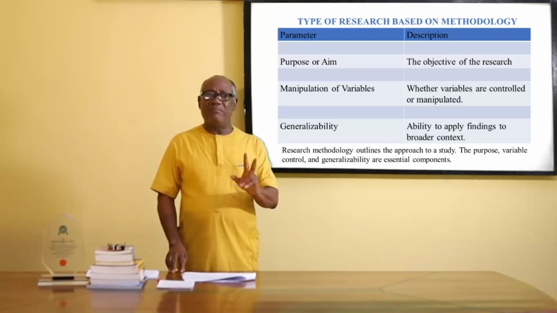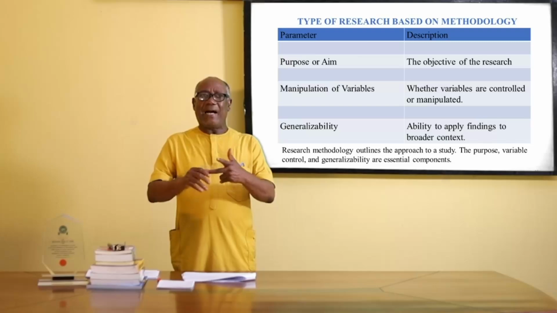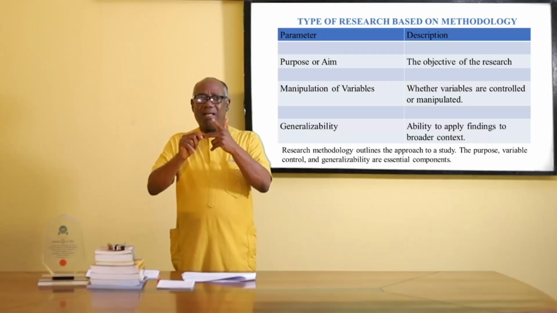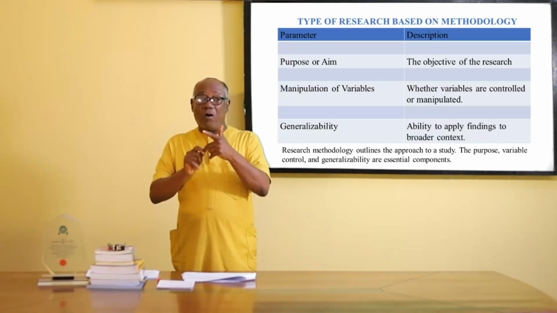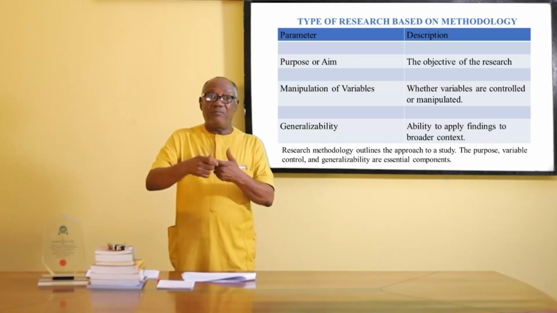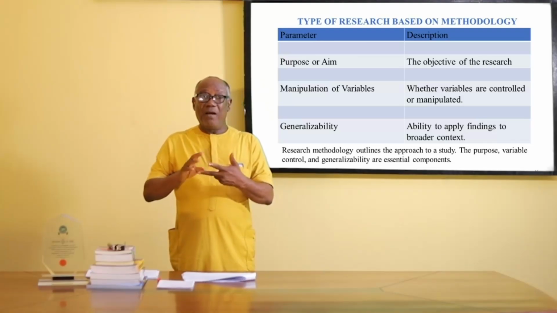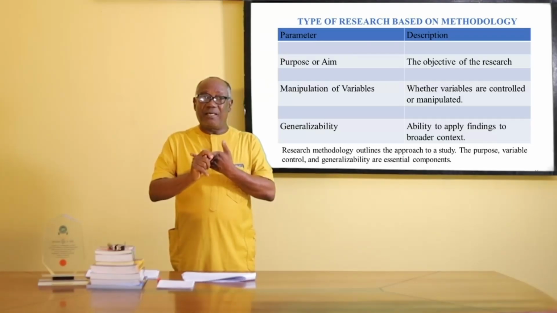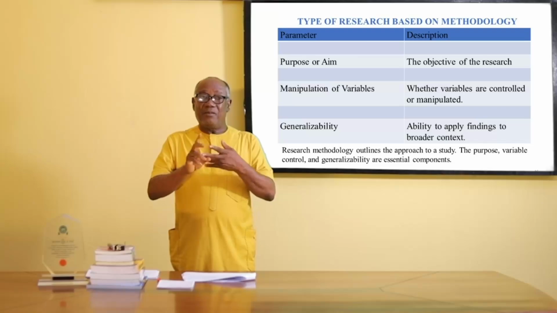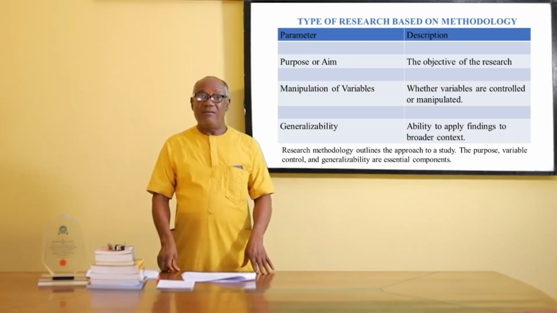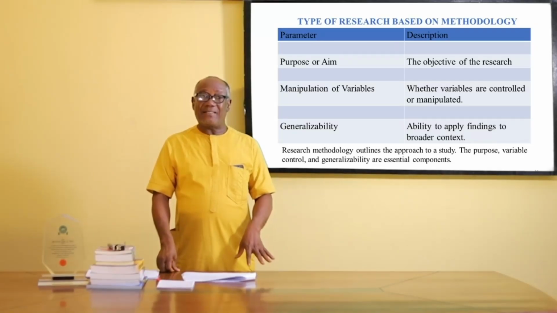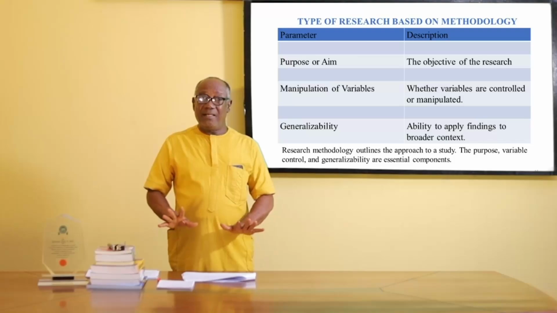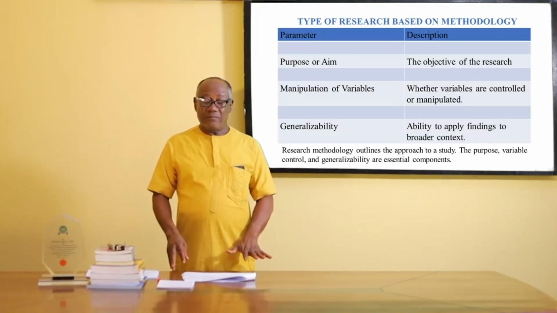We manipulate teaching method by either using lecture method or demonstration method. When you do that in the process of research, you are said to be manipulating variables. That can be done only in experimental condition.